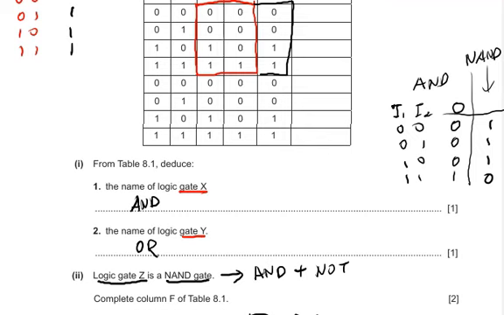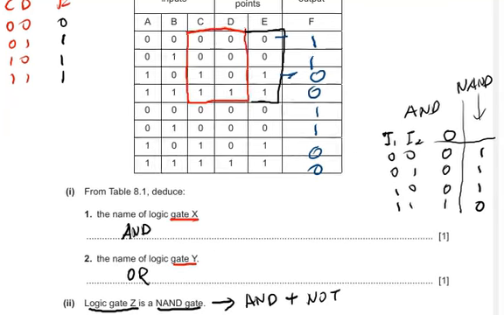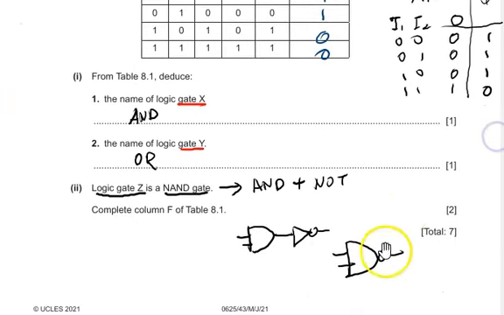We just have to make it opposite. So here we have 0 and here will be 1. Here's 1, here's 1 1, and the 0 will be the opposite. From here will be 0. So this is your answer for this. There's 7 marks in total.